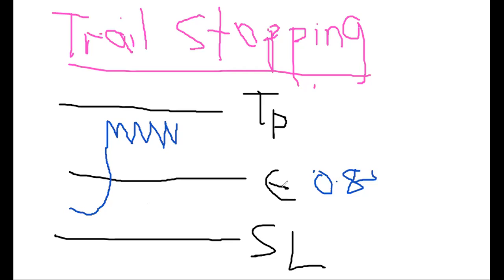Now, let's say you have trade stopping and you have 0.8500. Remember, if you look at it mathematically, from the entry point to the TP, let's say I had 20 pips to this.